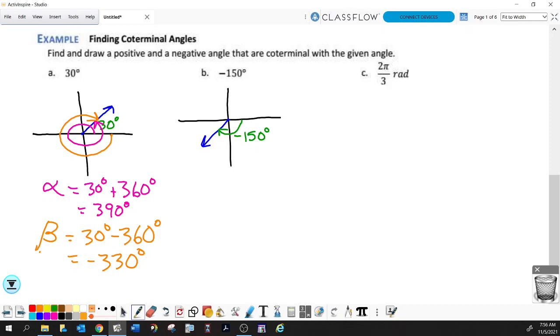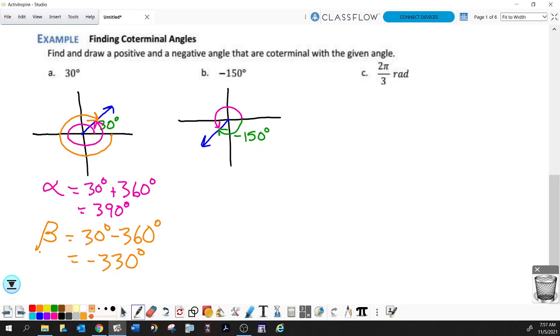Okay. The positive angle that is coterminal to negative 150 degrees, again, remember, technically all angles are going to start at the positive x-axis, would have looked like this. That's what it looks like. Clearly you can see it's more than 180. How much more than 180 is that? It is 30 more.